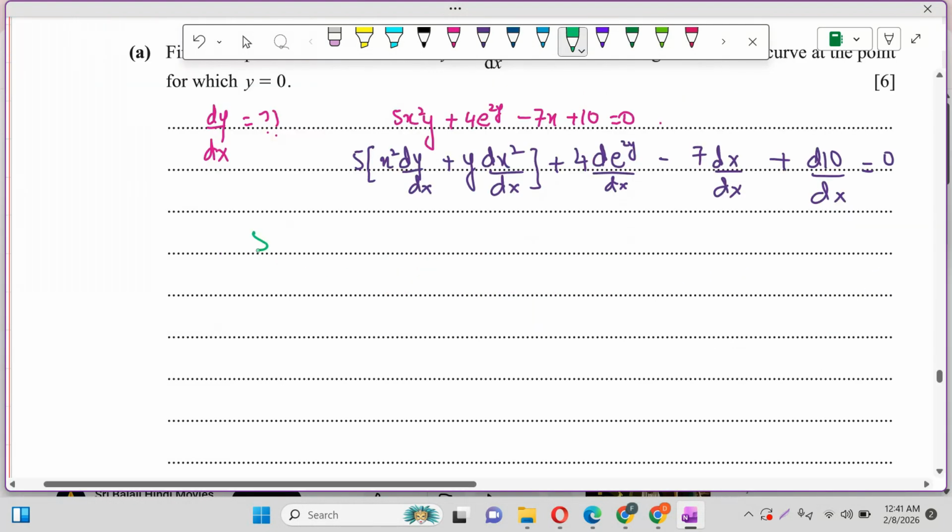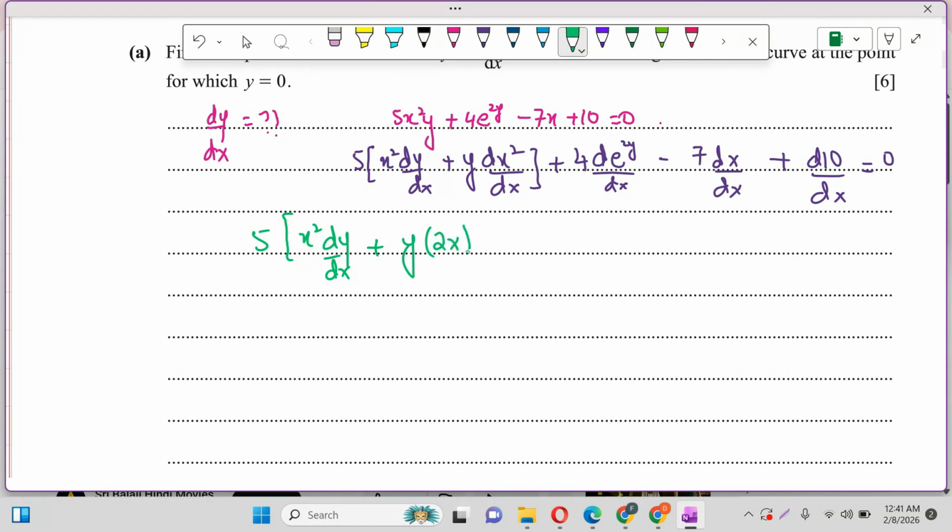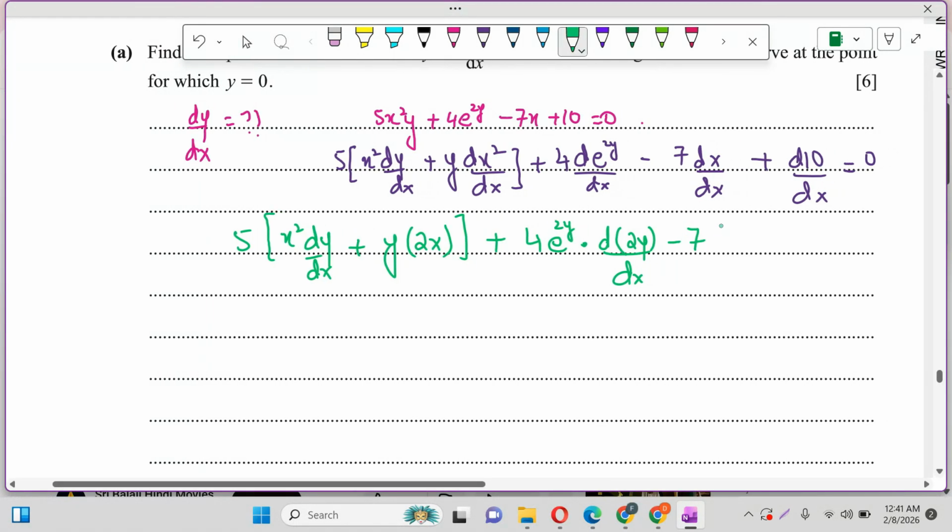Now further solving, we will have 5x squared, and the derivative of y will be dy over dx, plus y times the derivative of x squared, which is 2x. Okay, bracket close, plus 4 times the derivative of the exponential; the exponential term remains the same, so the derivative of exponential of 2y is exponential of 2y times the derivative of the power, 2y with respect to x, minus 7 times the derivative of x with respect to x, which is 1, plus the derivative of the constant, which is 0, equal to 0.